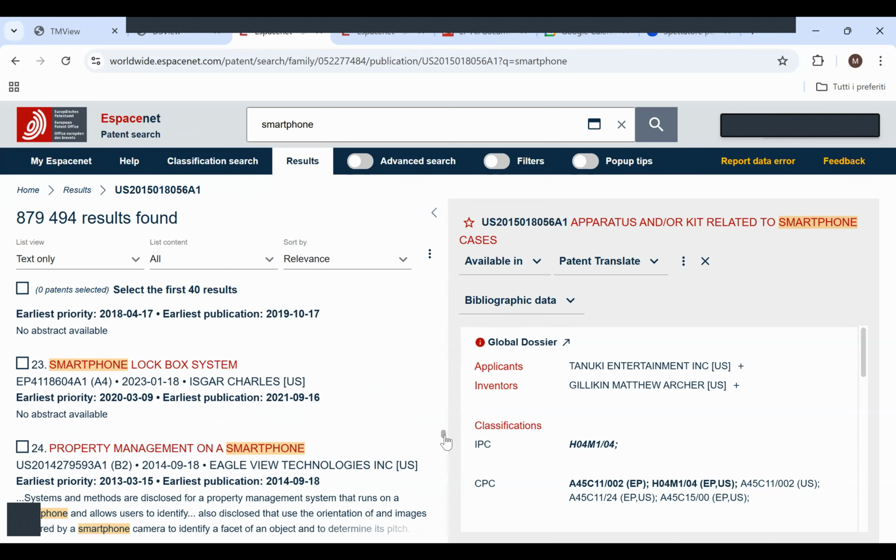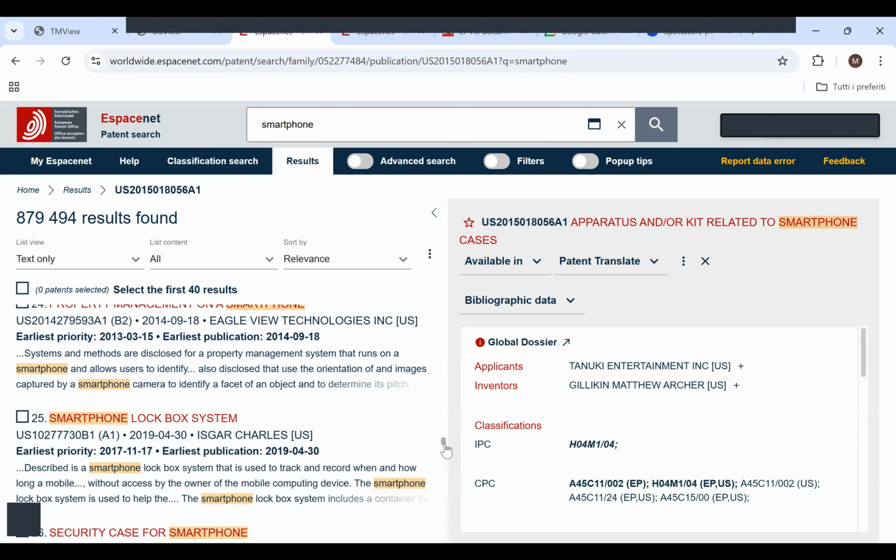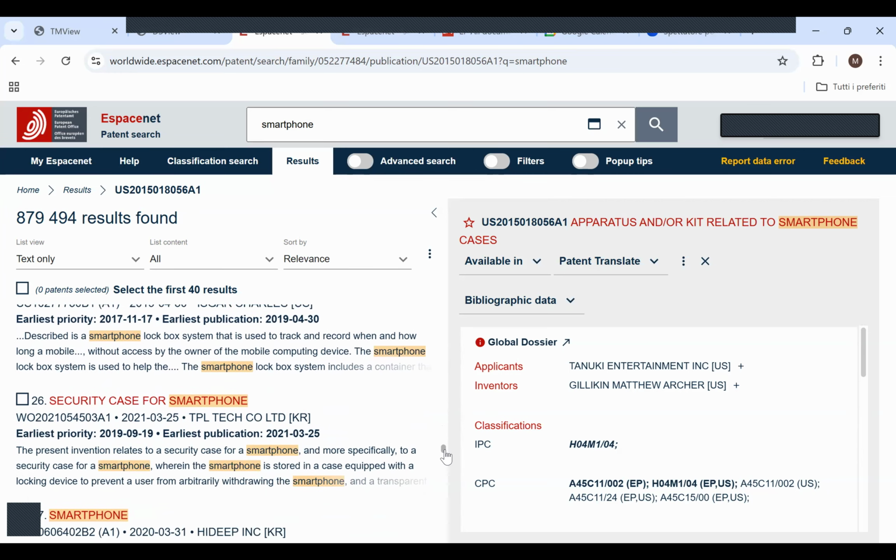There is everything, really. It's very, very interesting to look. Okay, this is a very generic search, but if you have a clear idea of what you want to patent, it is very useful to browse Espacenet because you have really a lot of information.